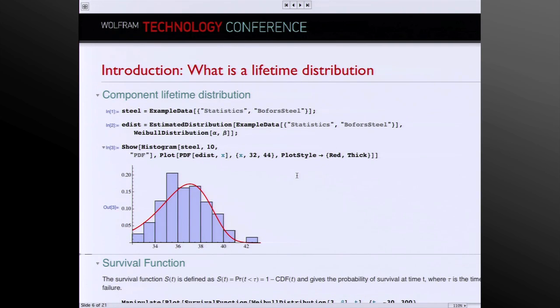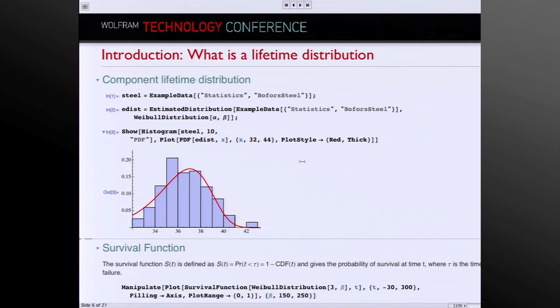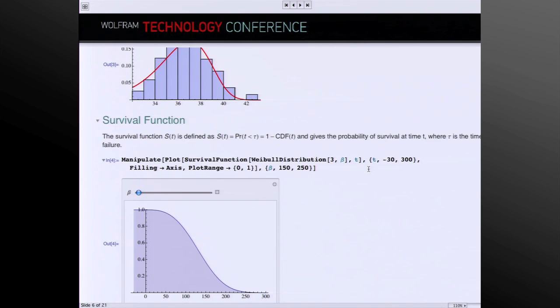So here we were looking at the PDF for that failure data for that steel. And what you usually look at is not the PDF. A lot of people are interested in looking at the survival function. So let's just look at one survival function here for a Weibull distribution.